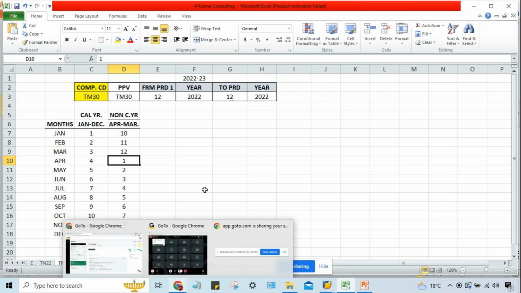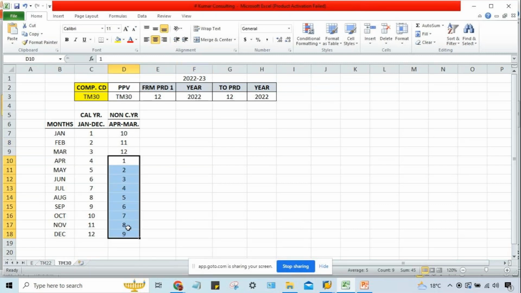So this is what is happening. So how will SAP come to know that April is the first period, May is the second period, June is the third period, and so on? For that, we have to define a fiscal year variant. What is the use of fiscal year variant, guys? Fiscal year variant means financial year, right?